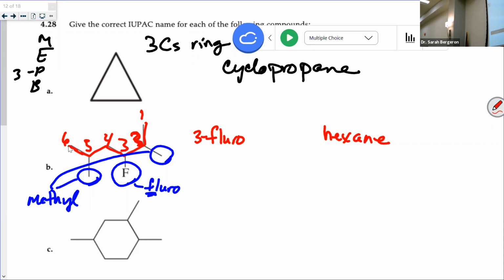Where are my methyls? 2 and 5. And because I had 2, I'm not just going to say methyl, I'm going to say dimethyl. So 3-fluoro-2,5-dimethylhexane. You can get some crazy names, but if you know what it means, it's not too bad.